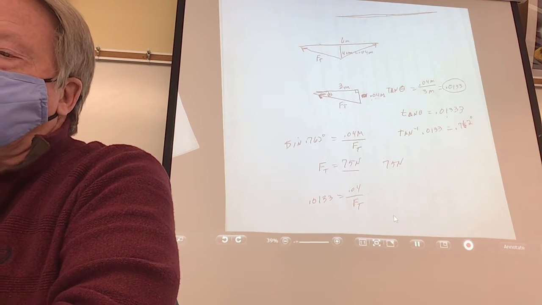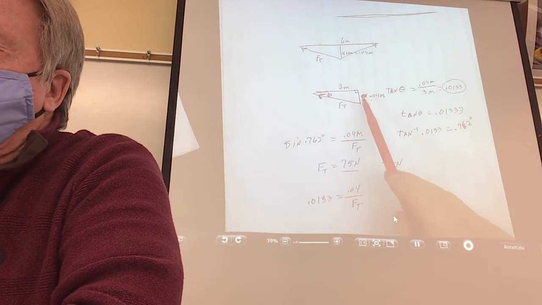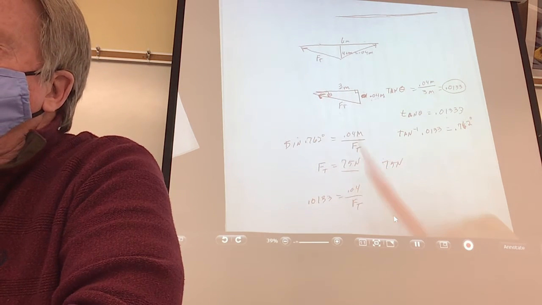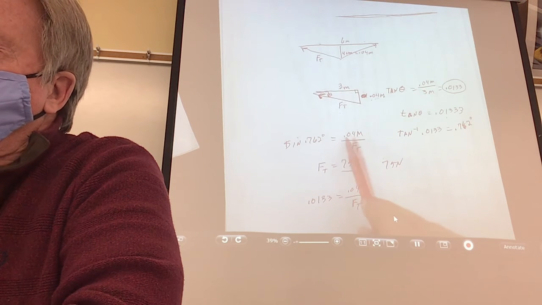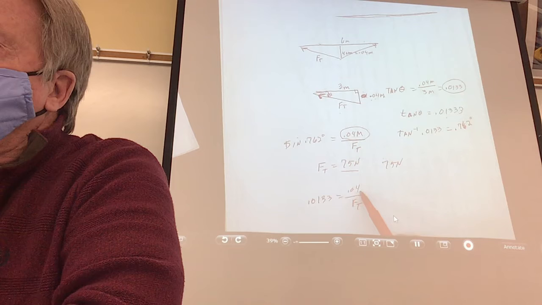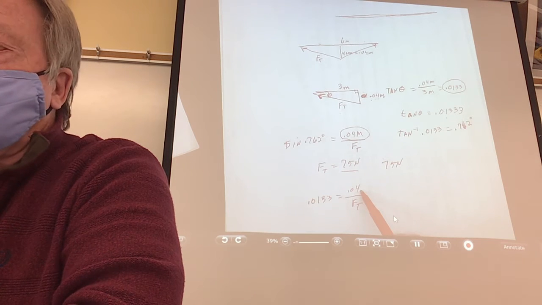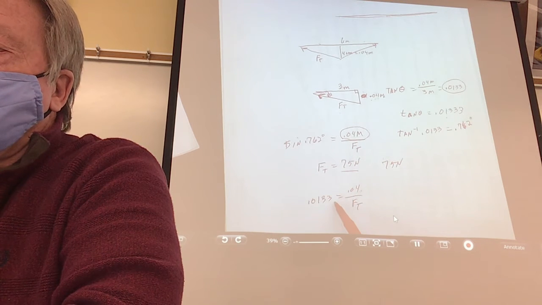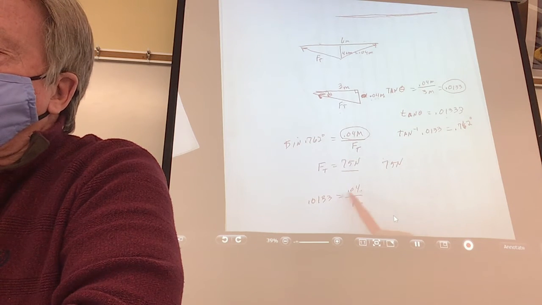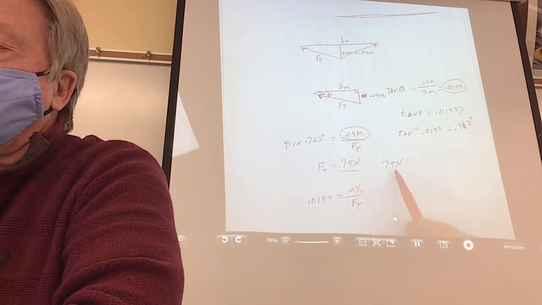Now, here's something to think about. I used distances to find this angle, but what about this? What's going to happen here if you use this number here? What will that give me? That would give me meters, right? So if you put this in there, you don't get 75 if you use this, do you?